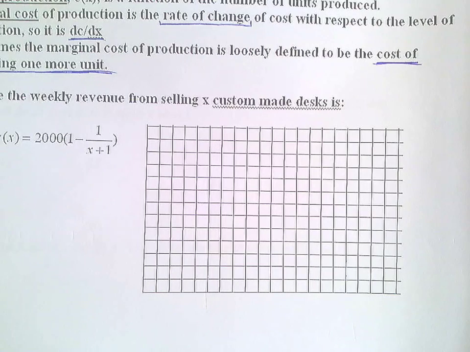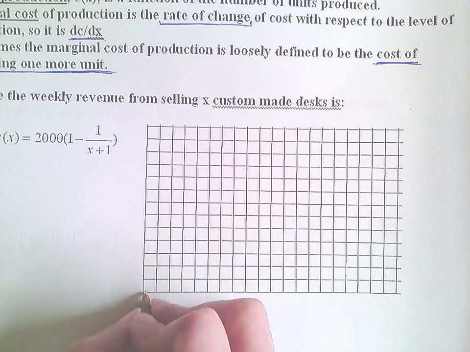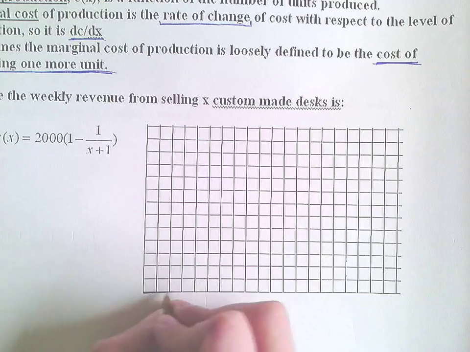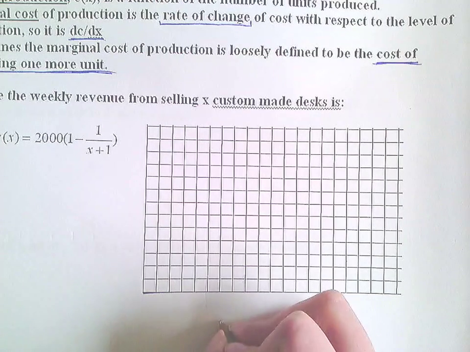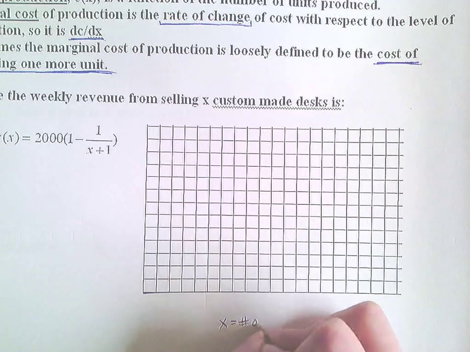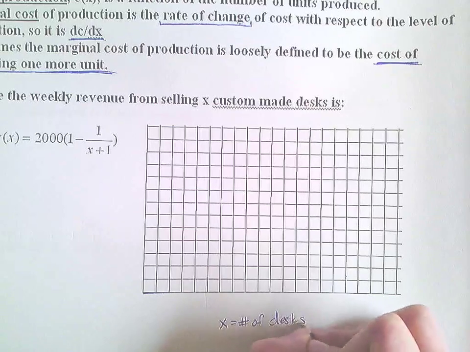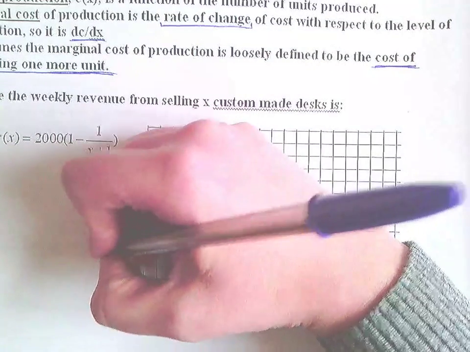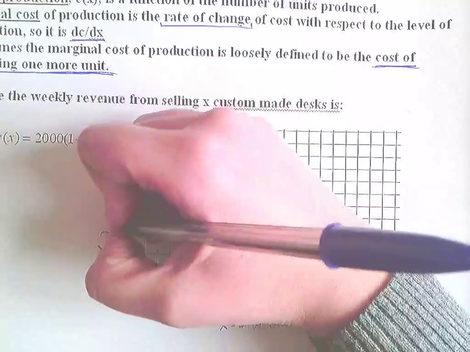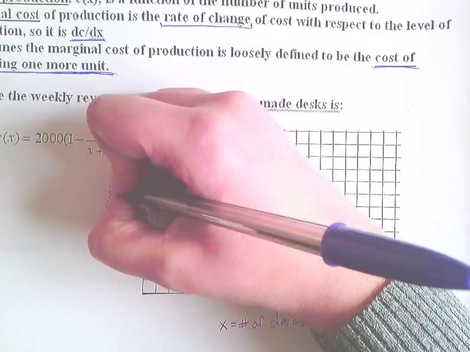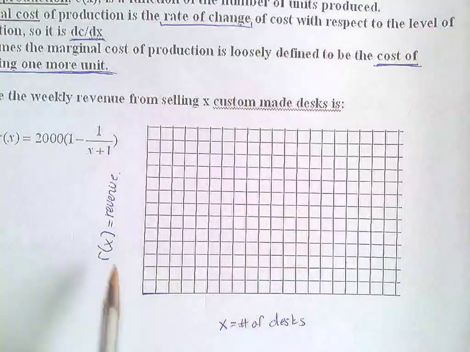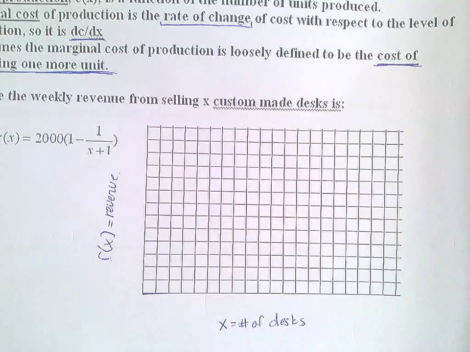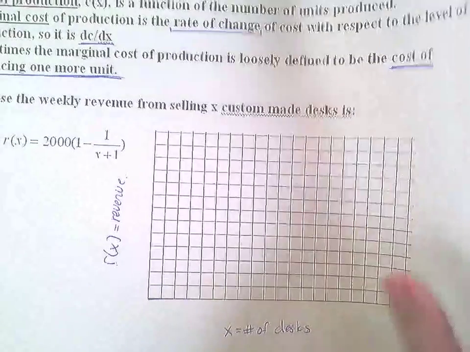You can graph this on your graphing calculators, and don't forget to label your x and your y. So your x is the number of desks, and your y is the revenue, the weekly revenue.